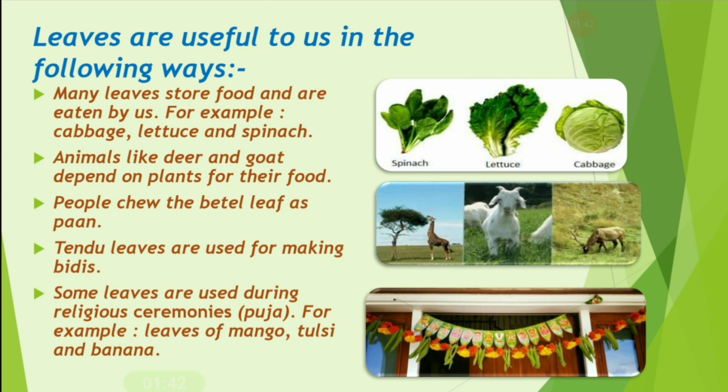So, students, there are different kinds of leaves, of which some we consume as our food, like spinach, lettuce, and cabbage, as green vegetables, and most of the herbivorous animals depend on plant leaves, like deer, goat, giraffe, etc. Some people like to eat paan, which is called betel leaf in English.